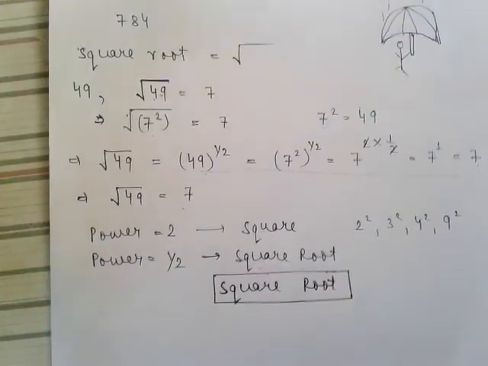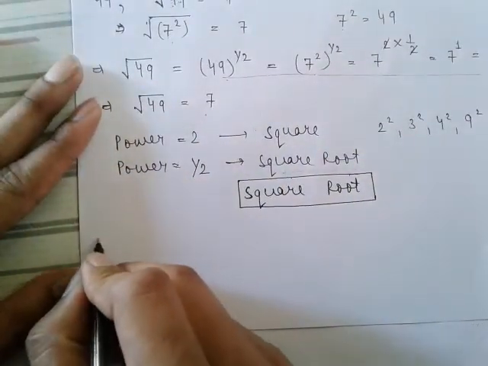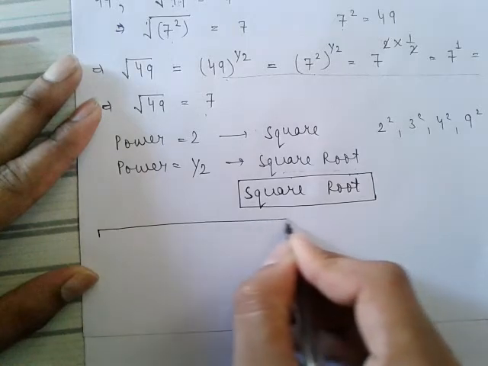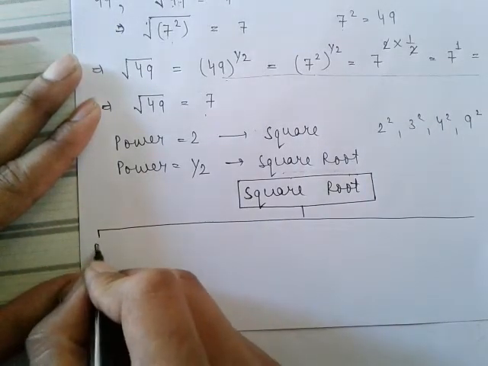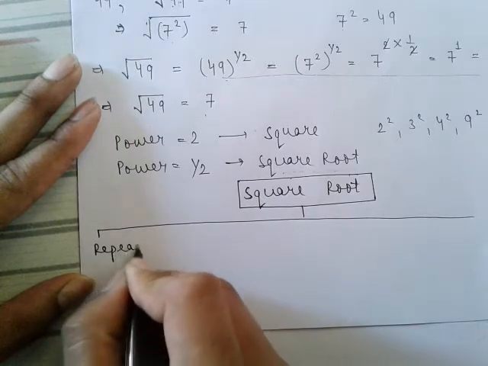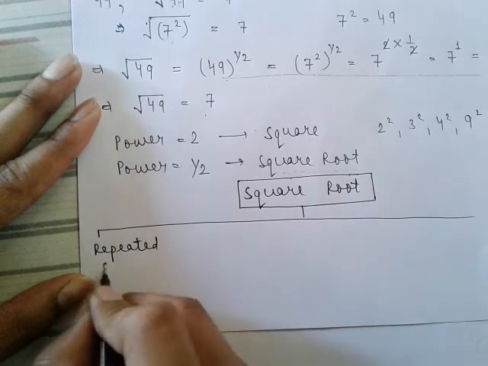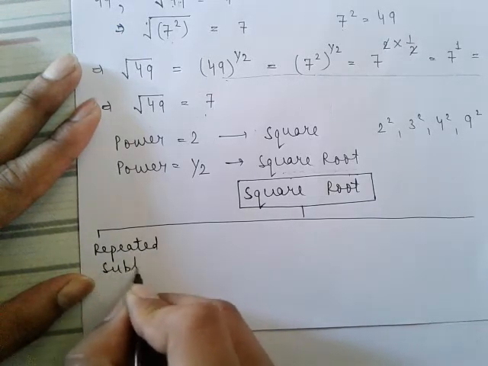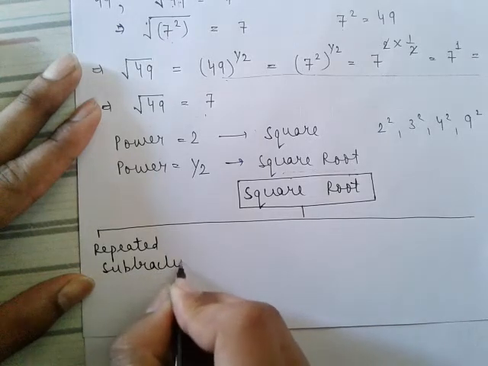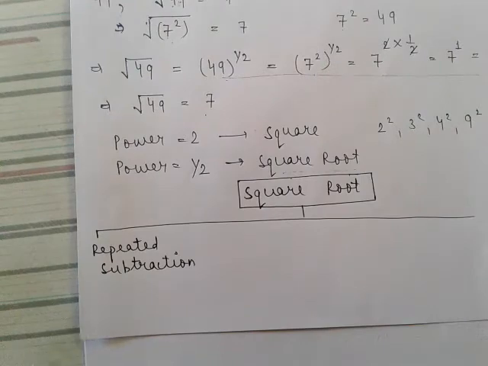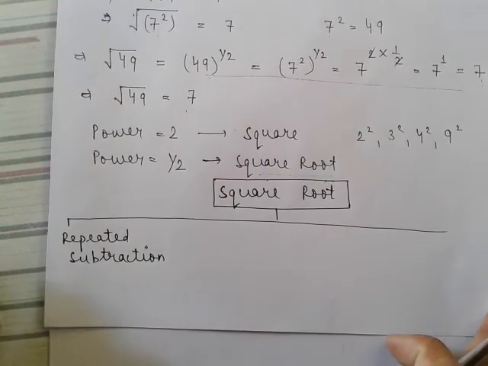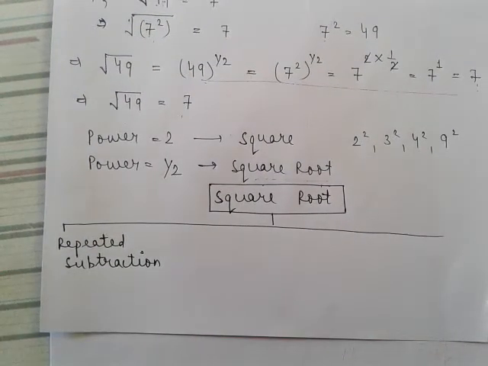The first one is repeated subtraction. This is the method which I hated most. I just don't like this method. You will know why.